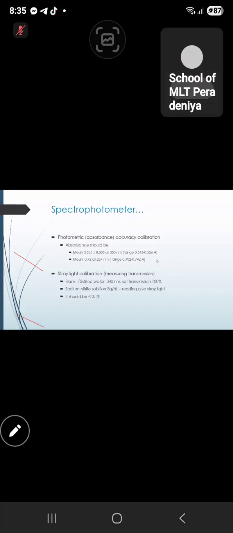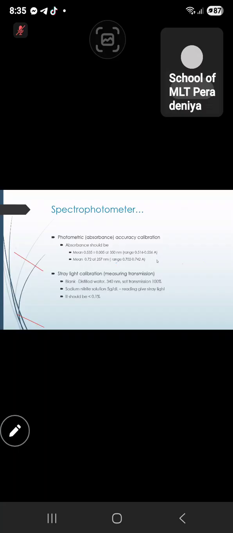After that, we put in the sodium nitrite solution. Actually, the transmission should be 0, because sodium nitrite blocks all the light at 340 nanometer.